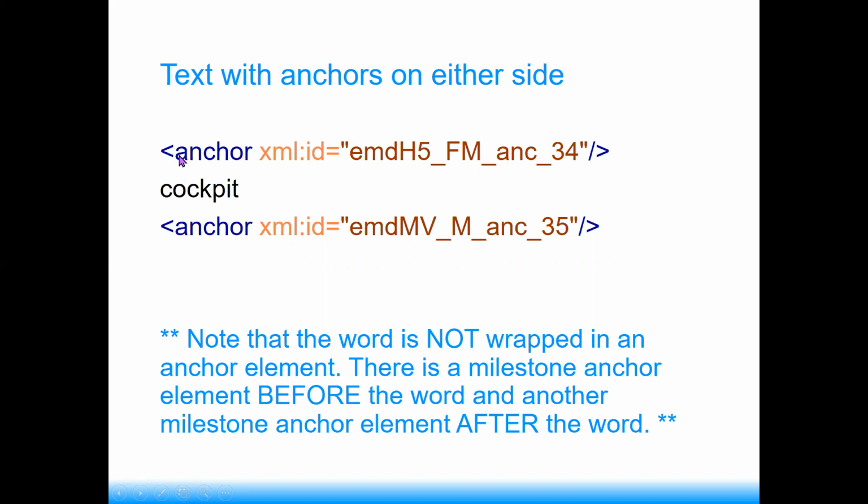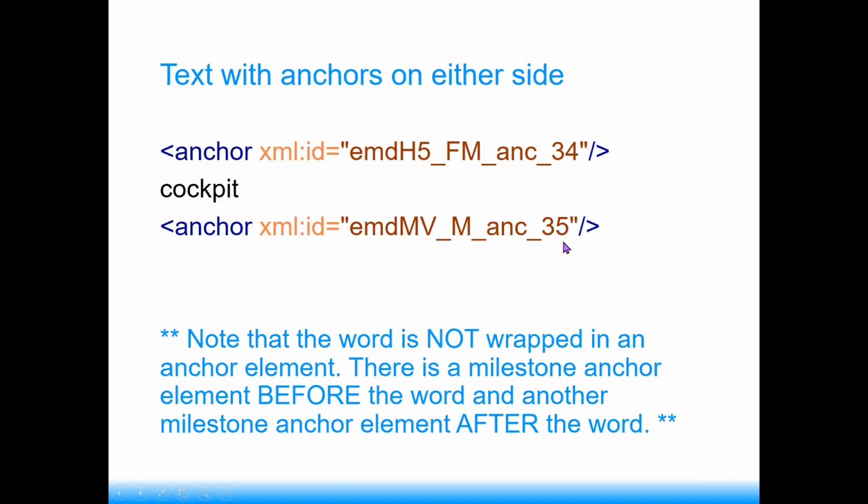The way that the anchor is formulated, we have the anchor element, we have an XML ID attribute, and then we have the value of the XML ID attribute being this long, funny looking string of text. And then we have another anchor element with its own XML ID attribute and a value. I'll talk about how those values are constructed in a moment.